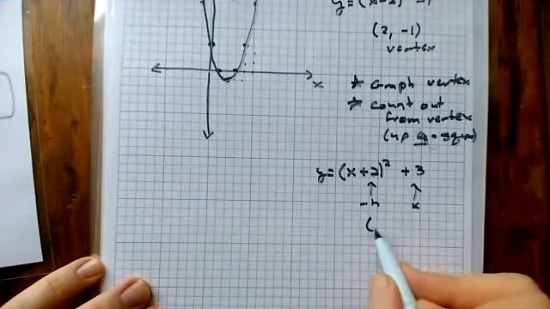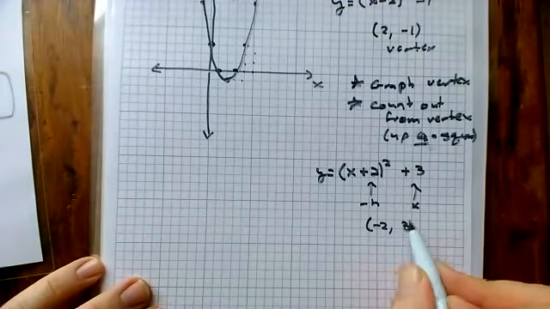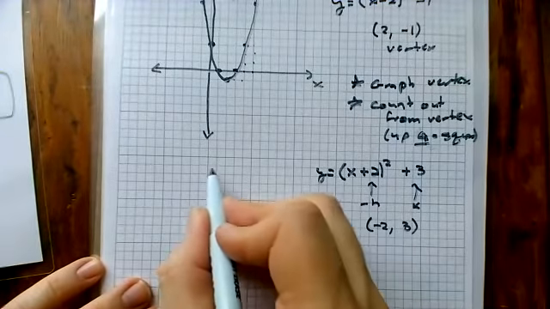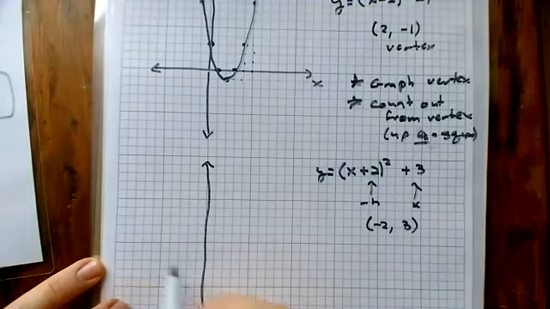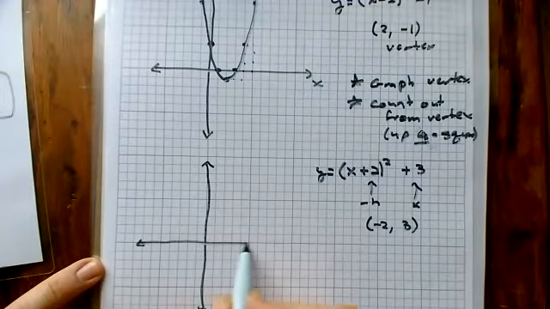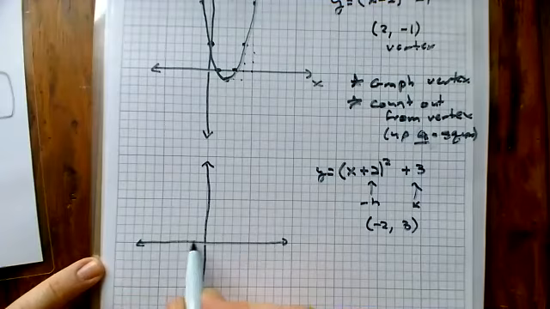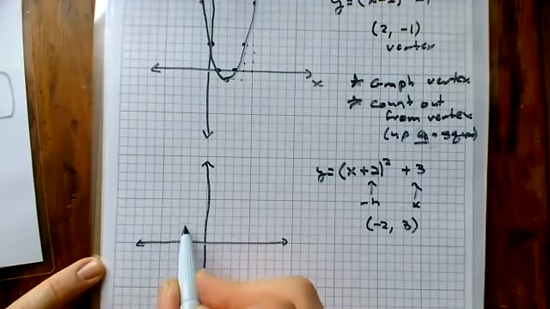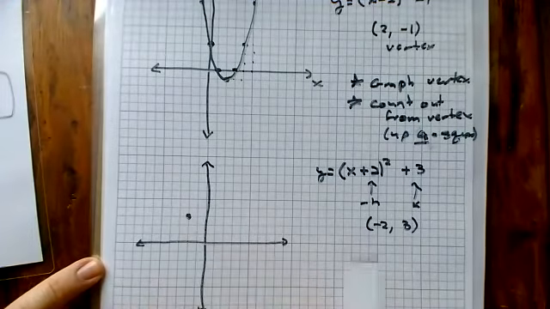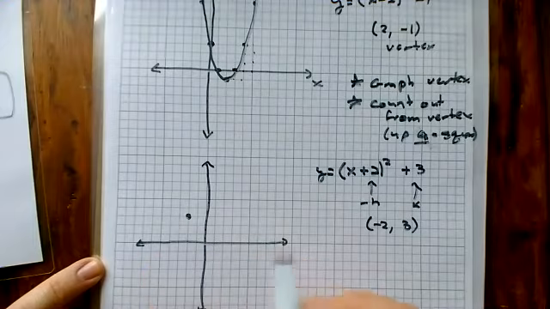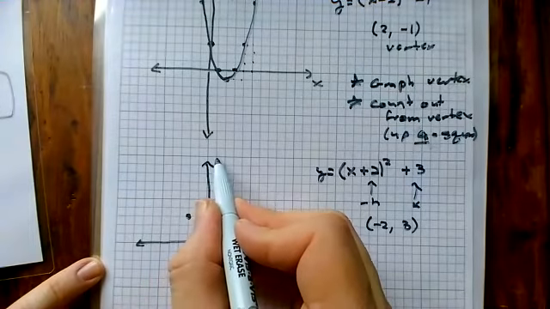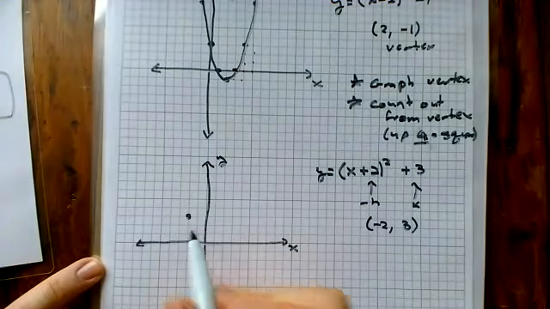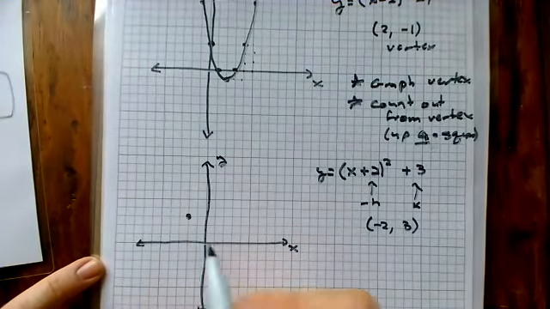So my vertex is at negative 2, 3. This is up above my x-axis. This one would be an equation that would have no x-intercepts.